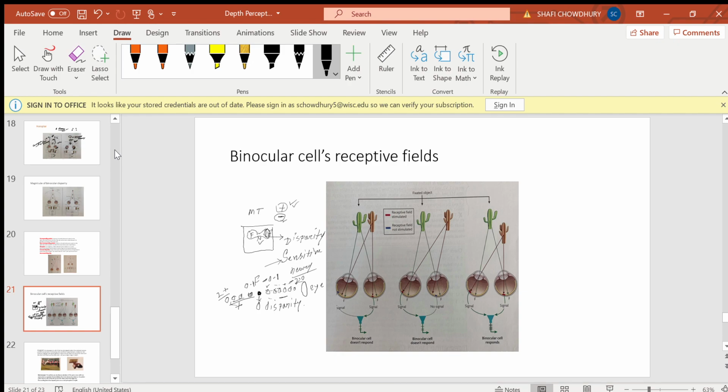And this is one neuron. You see here, this is the fixation point. So you have fixated your eyes on this cactus, and while you are fixating here, you are looking at something here.